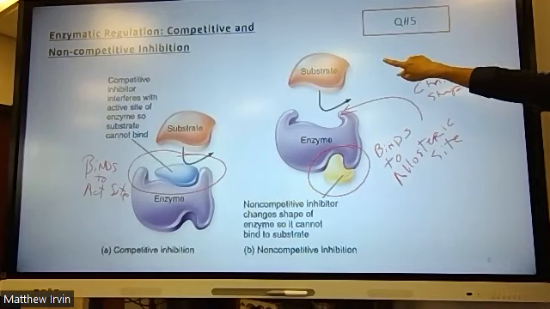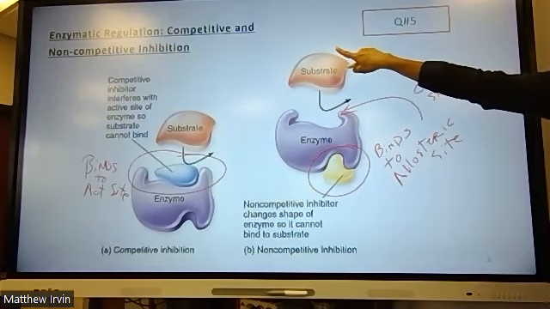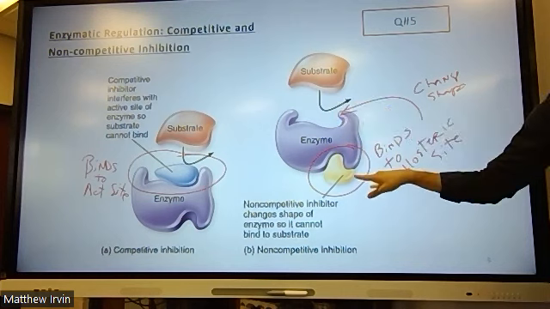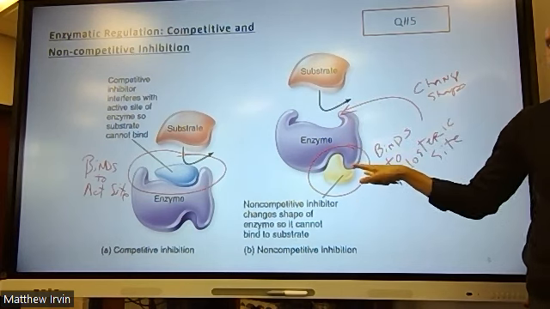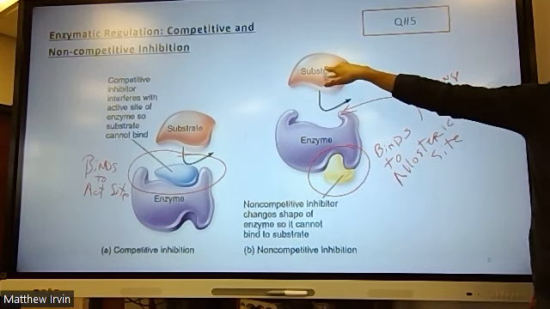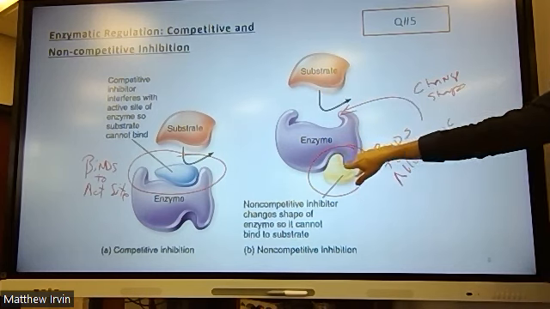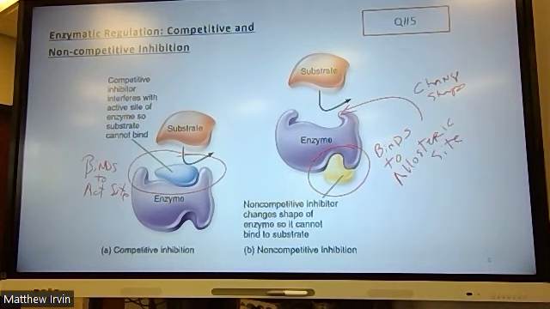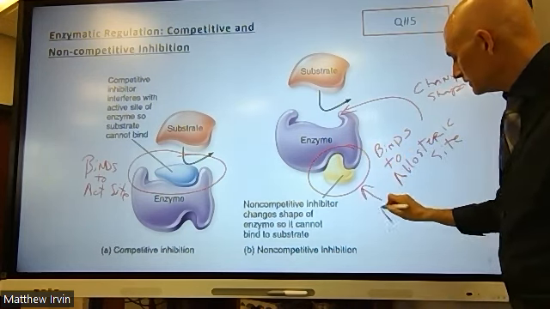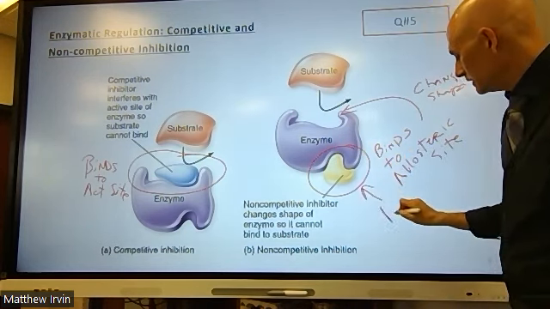So you could have tons and tons and tons of substrate and a very low concentration of inhibitor, and this will still work because they are not competing for the same spot. So if you have enough inhibitor to block all your enzymes, that could be 1,000 times less than your substrate, but you would still have an inhibited enzyme. So this is usually involved in a negative feedback loop.